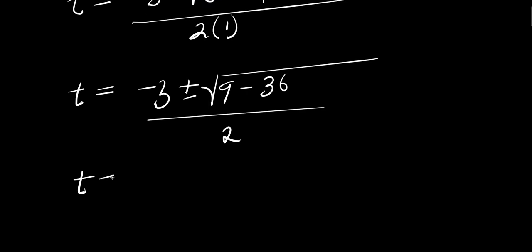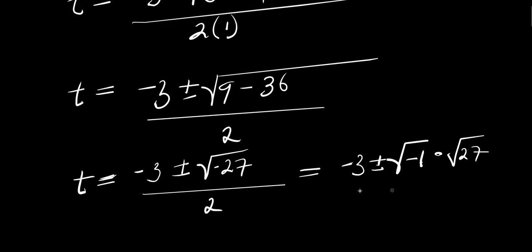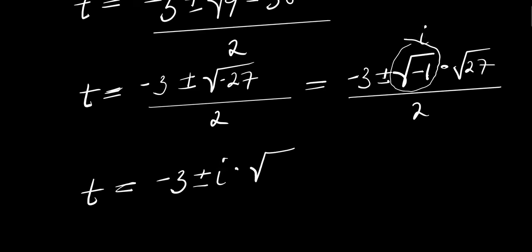So from here, I have t equals negative 3 plus or minus square root of negative 27, divided by 2. This equals negative 3 plus or minus square root of negative 1 times square root of 27, divided by 2. Square root of negative 1 is i, iota, times square root of 27, that is 9 times 3, divided by 2.